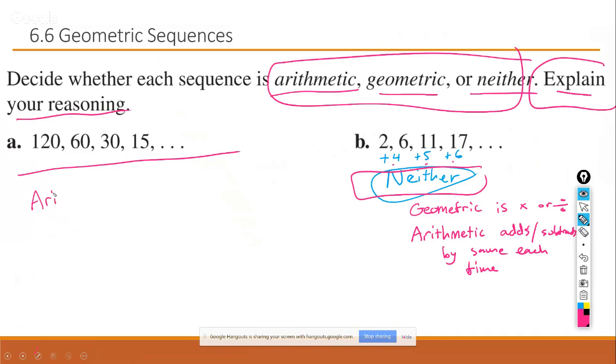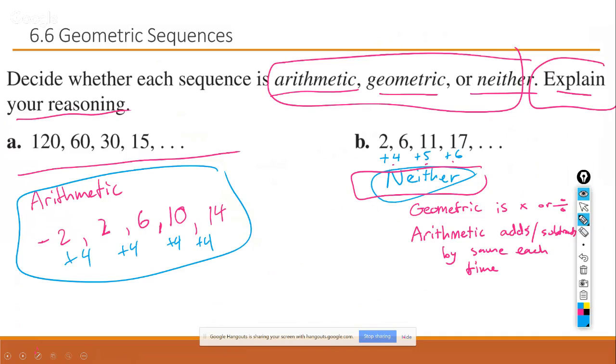So arithmetic might be something like -2, 2, 6, 10, 14, because it adds 4 each time. And that would make it arithmetic.